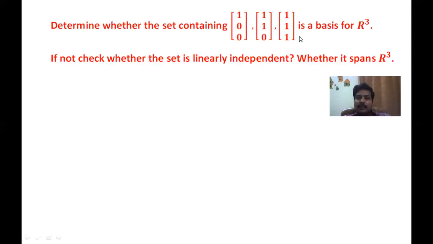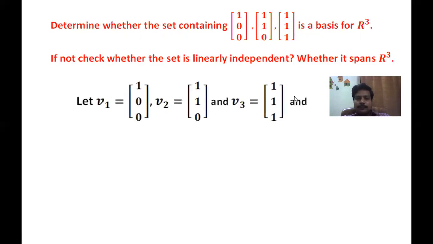If it is not a basis, check whether the set is linearly independent and whether it spans R3. Of course, if these two properties hold, then only we can say that it is a basis. If it is not a basis, any one of the properties may hold or may not hold. So let us name the vectors.